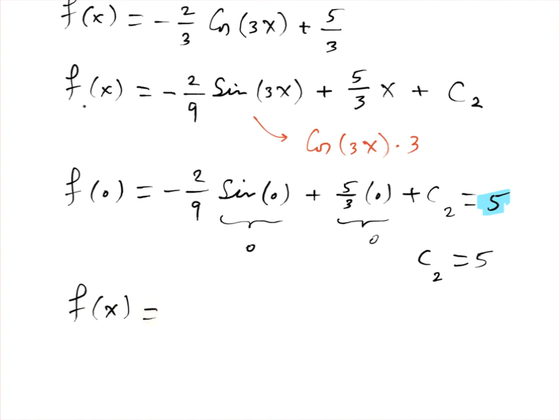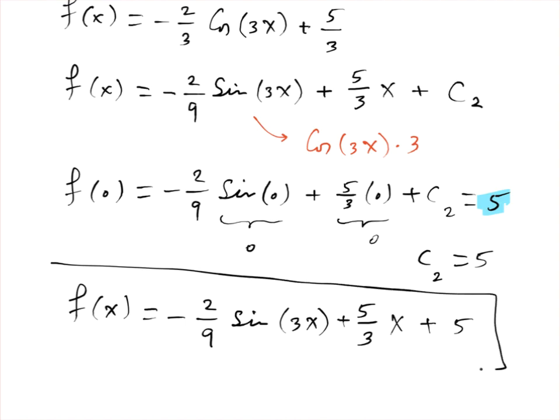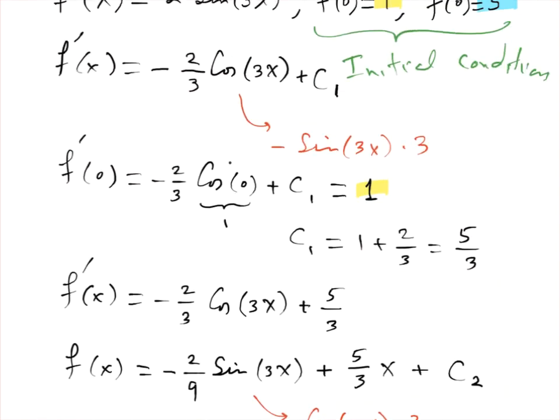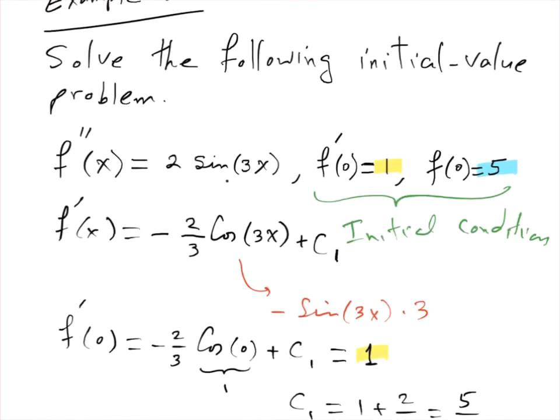So f of x, the last statement about f of x was this: minus 2/9 sine of 3x plus 5/3 x plus C2, which is 5. And this is the function that, if you take its second derivative, you get 2 times sine 3x.